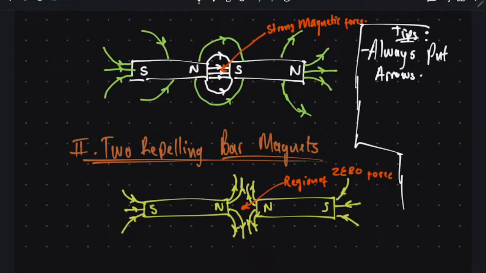Show that they are coming from north. Always, okay? And remember, field lines show strength. Remember, field lines show strength. Are we together?